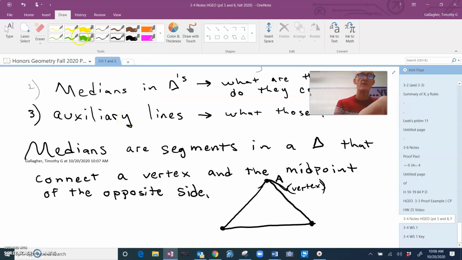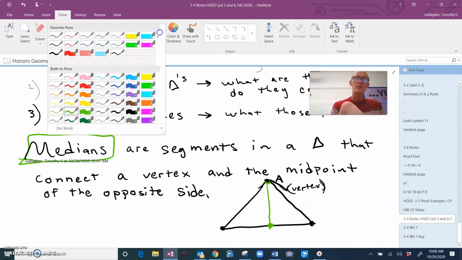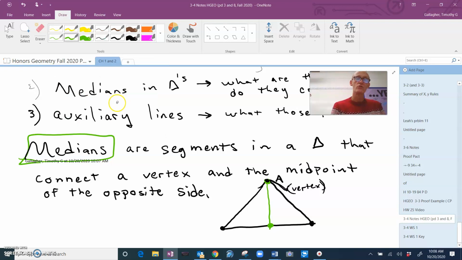If I look at the definition of a median, it is a segment going from a vertex to the midpoint of the opposite side. I like to say shoot an arrow through the angle, through the vertex, and you will come out its opposite side.